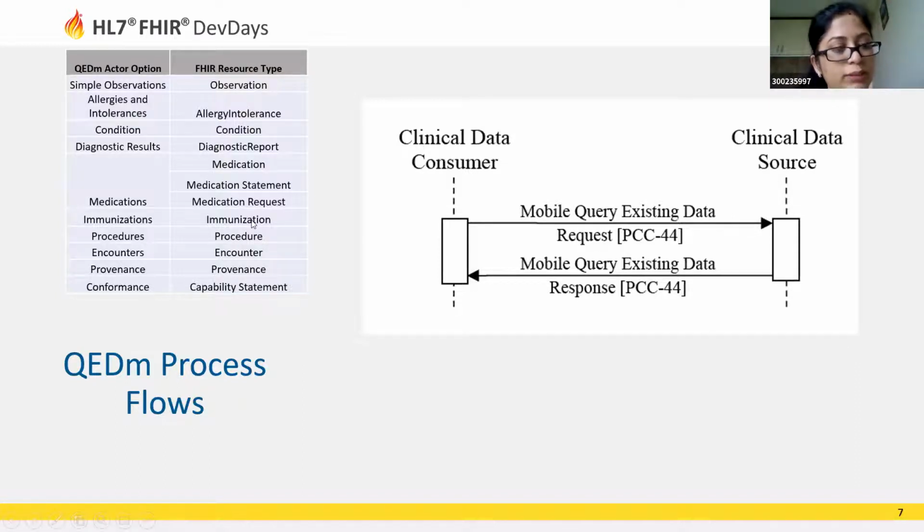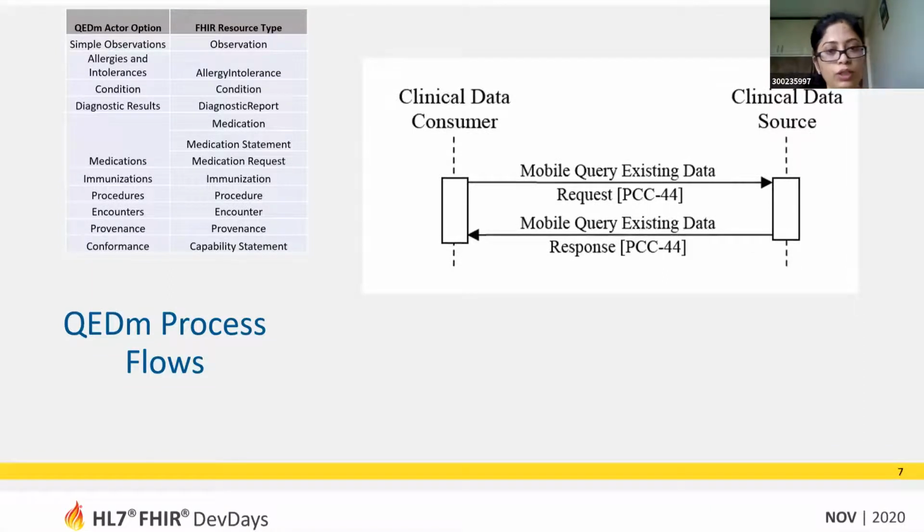When I say map to a FHIR resource, the profile also defines some standard search capabilities which a QEDM clinical data consumer could use to query a clinical data source, which could be a FHIR server. So it's a simple transaction where a FHIR consumer is trying to query the FHIR data source. That's what the IHE QEDM profile provides in a nutshell.